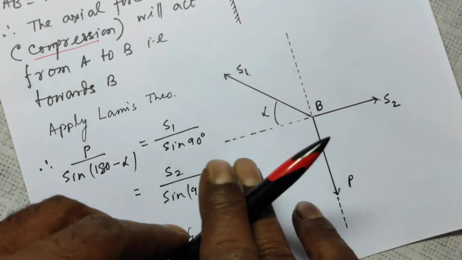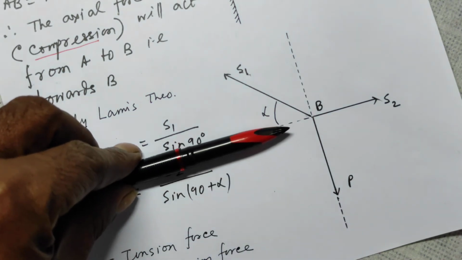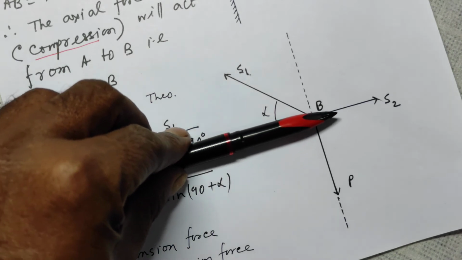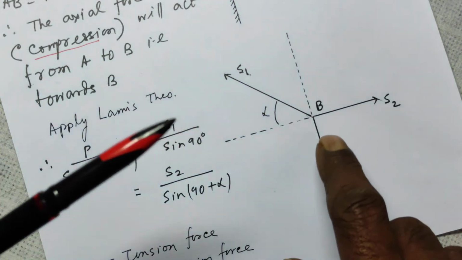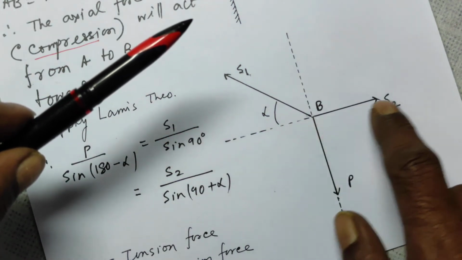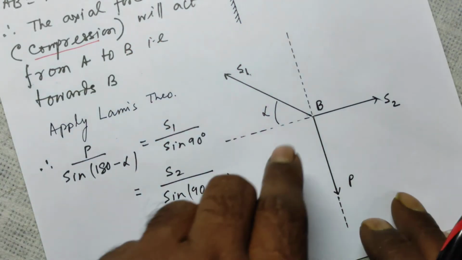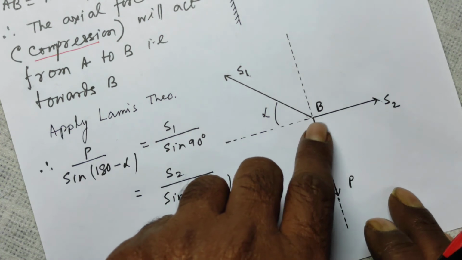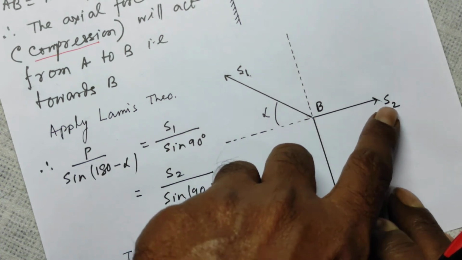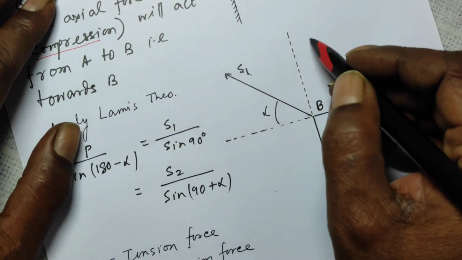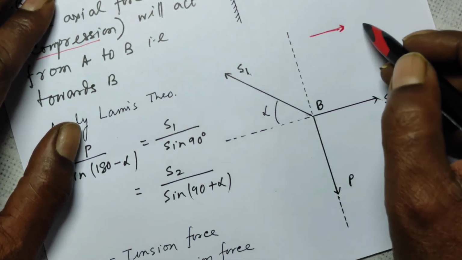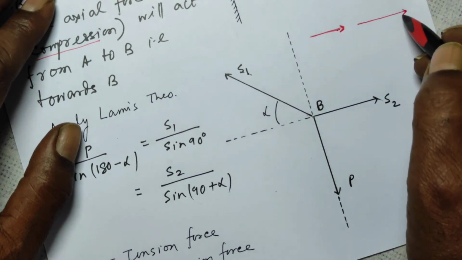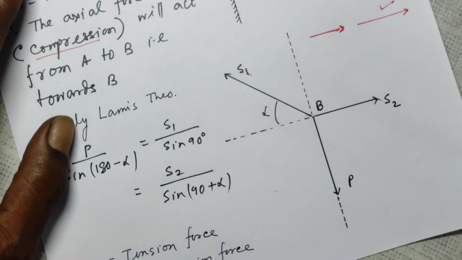Given a vector quantity, you can shift it parallel to itself without changing the direction, right? So I am showing S2 from here to this side. Here you might be asking, it was towards B, then how is it shown like this? If a vector is represented by an arrow like this, it can be shifted. That is the principle of vectors, right?